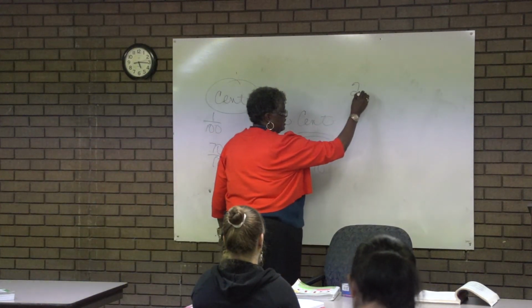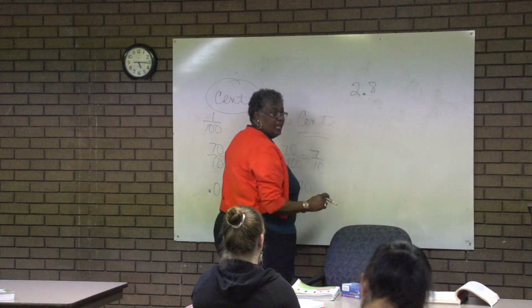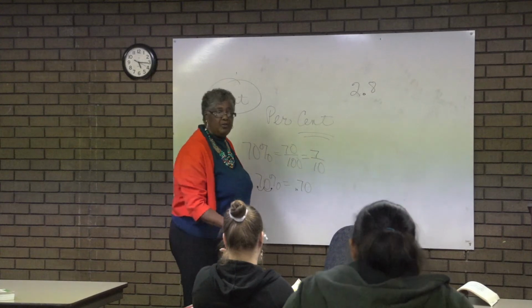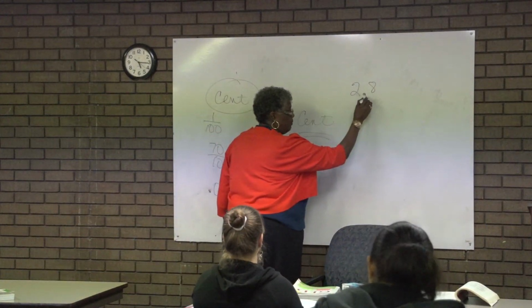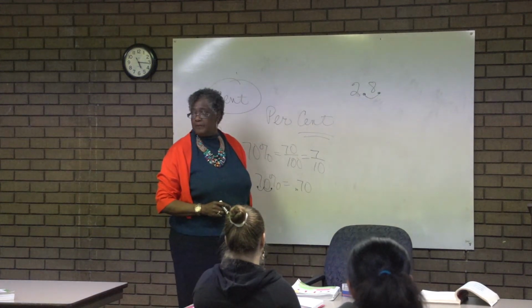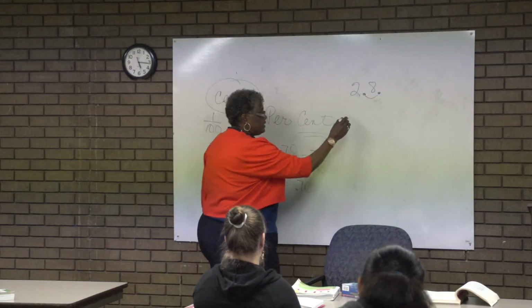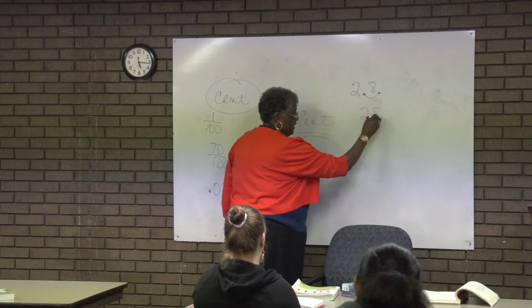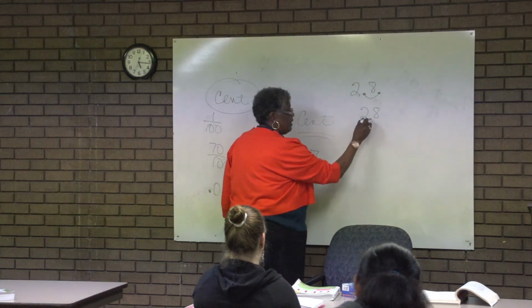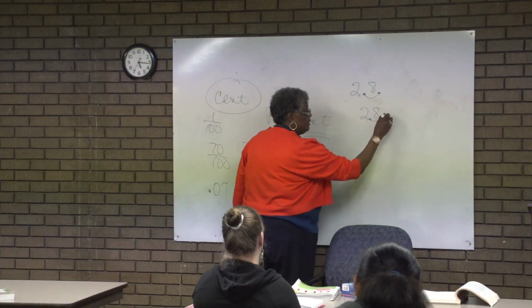If I had this number and I wanted to multiply it by 10, I could do that simply by moving this decimal point over 1 time. 2.8 times 10 is 28. If I wanted to multiply this number by 100, I'd move it 2 places to the right. 1, 2.